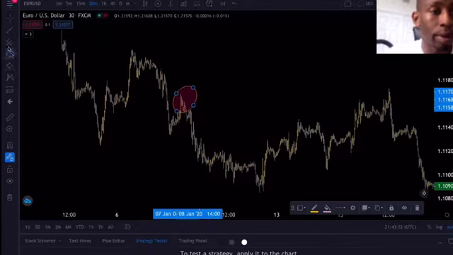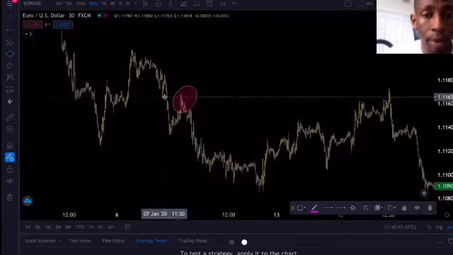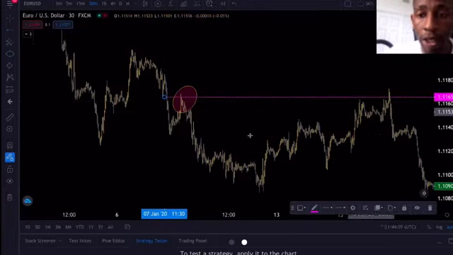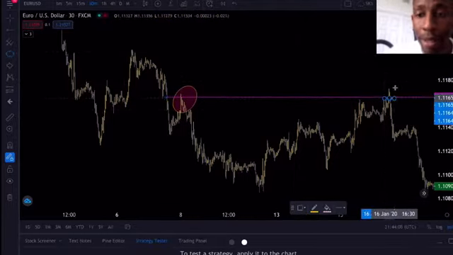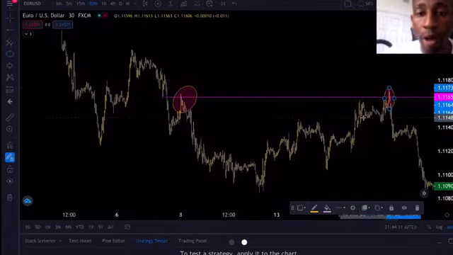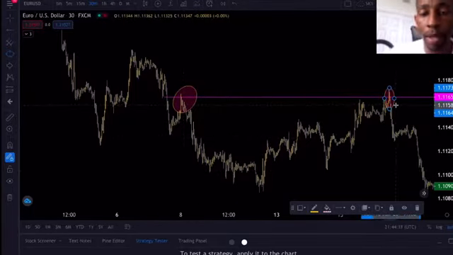Now let's just draw a line right there, and look what happened. It rejected the area again. So it rejected it once here, it rejected it again here. It's safe to say that this is a good resistance. It's showing you came here, dropped, came here, and dropped again.